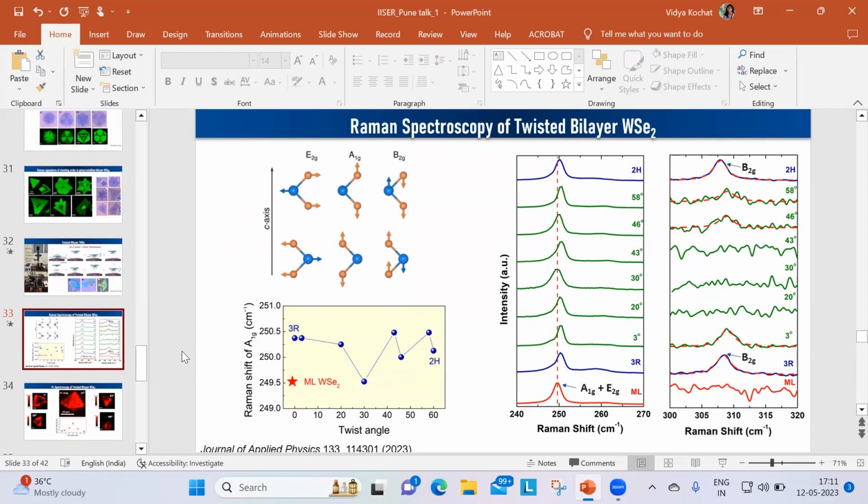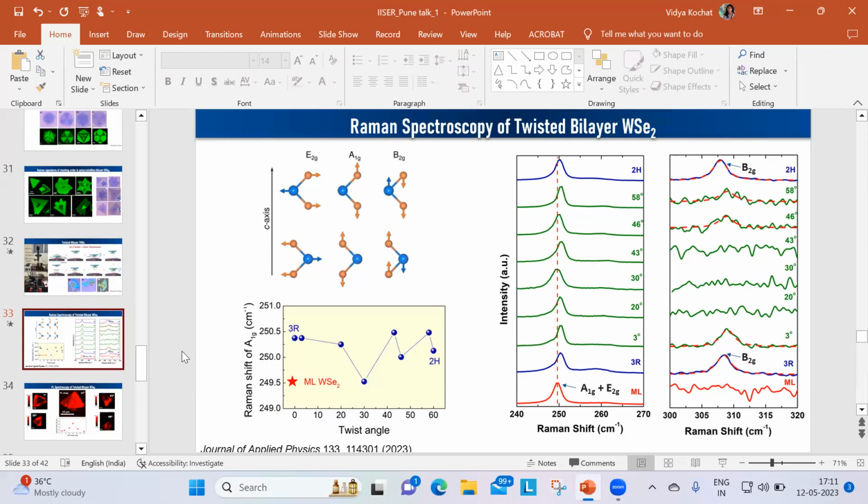But if you want to do this as a more rigorous characterization technique, then you need to have a variable energy laser source, and then you can change the energy, measure the Raman, and see where the resonance conditions are happening.